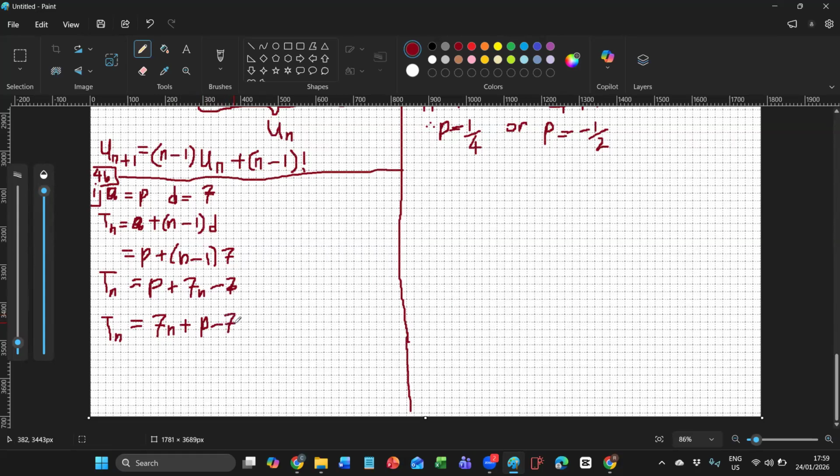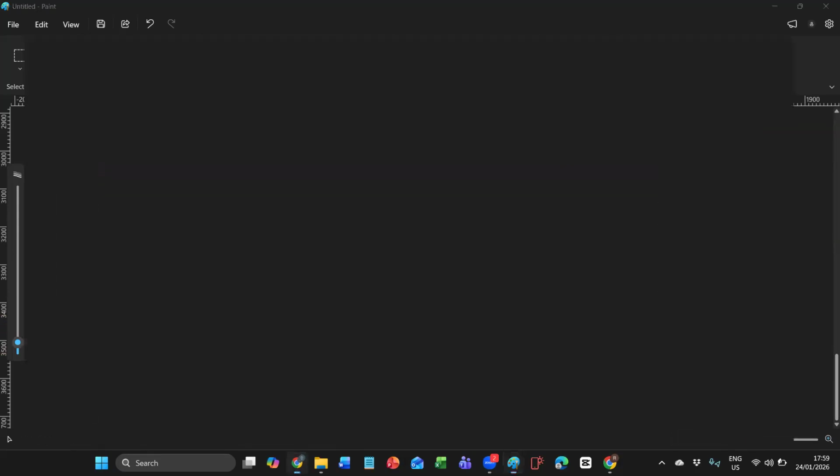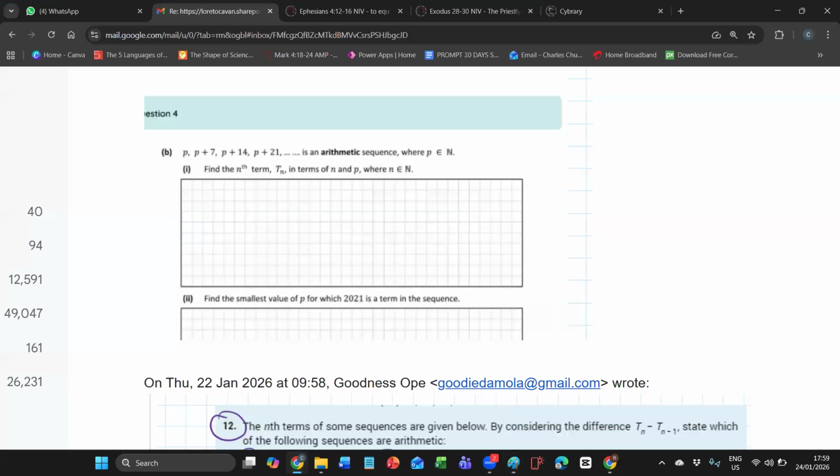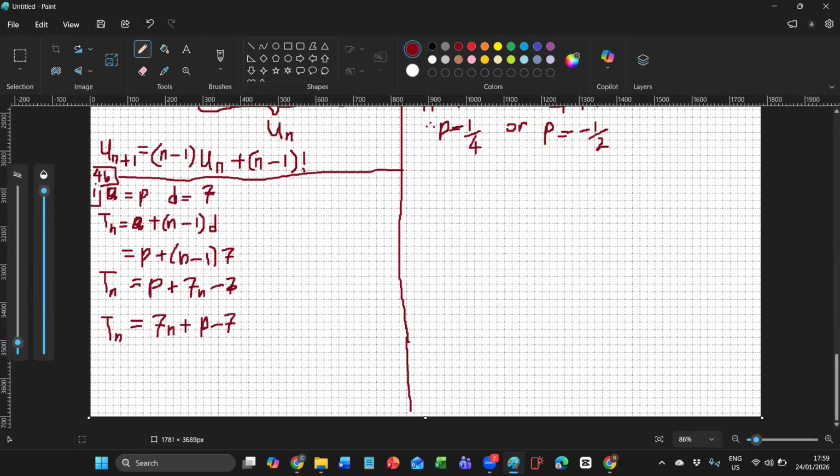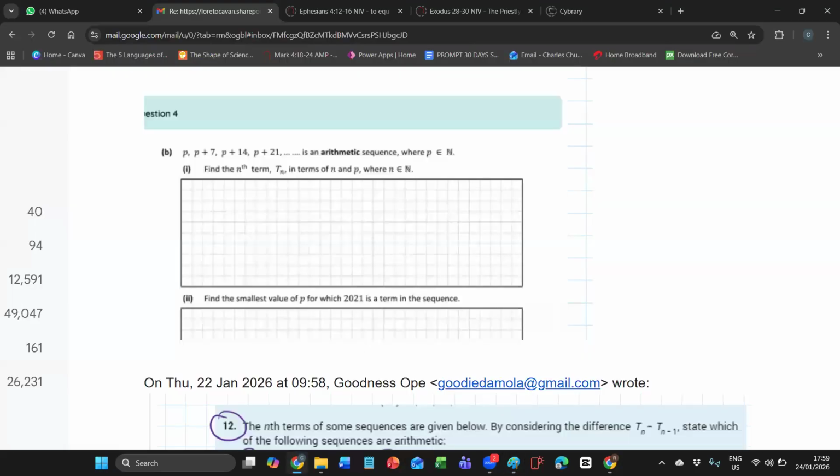Yeah. So that is it. Because the question said, in terms of what? n and P. And we have done that successfully. The nth term, where n is an element of natural numbers.